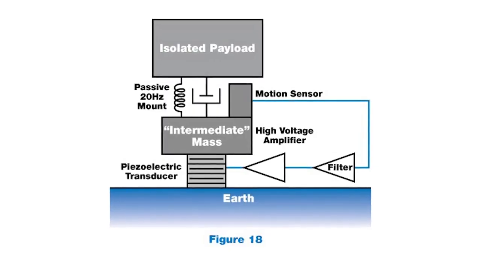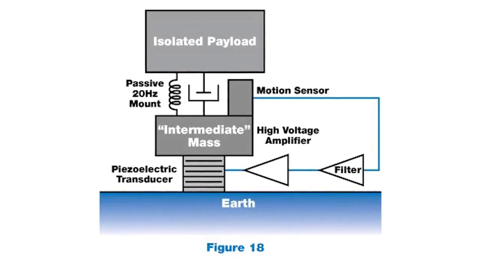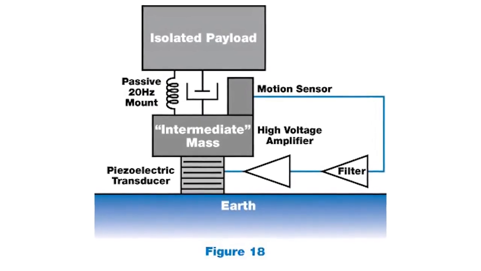That compared to an active vibration control system, which consists of a sensor that's measuring the vibration and sending an electronic signal to an actuator, where that actuator can move, basically a micropositioner, and that actuator will move on the micrometer scale, equal to the vibration that's being measured.